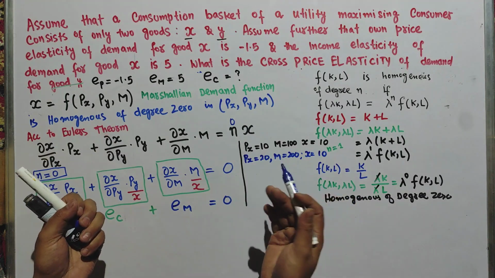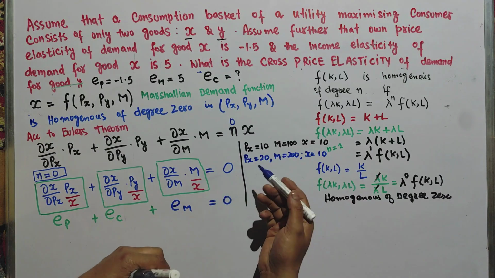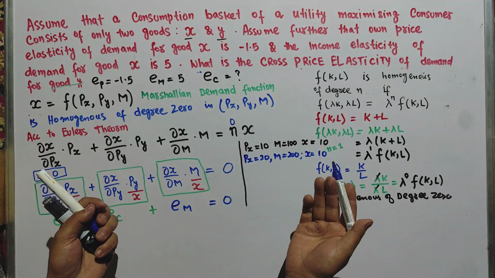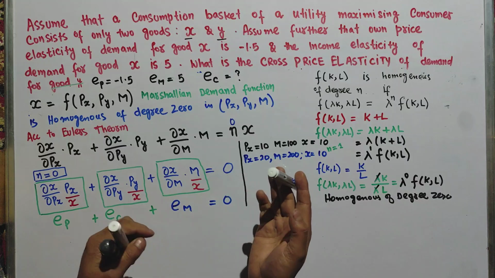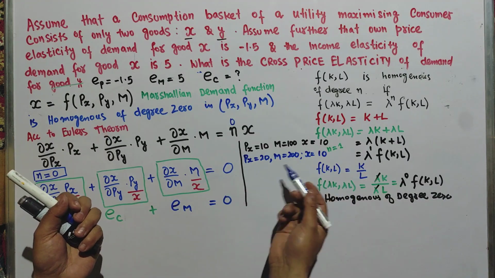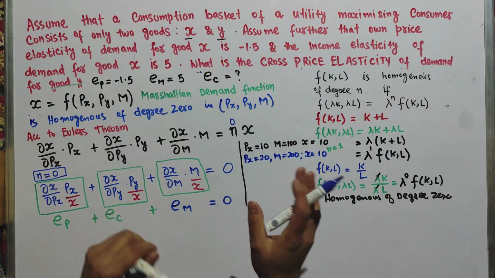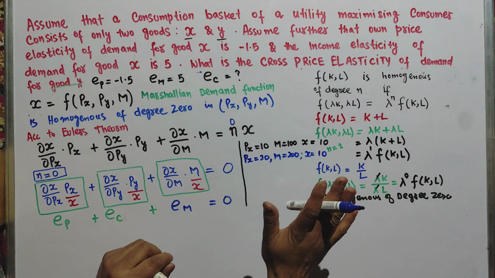So we can imagine, as an intuition, the government doubles all prices and also doubles our income. So there is no reason for us to change our demand, as nothing really got cheaper here, nor did our income increase in real terms.